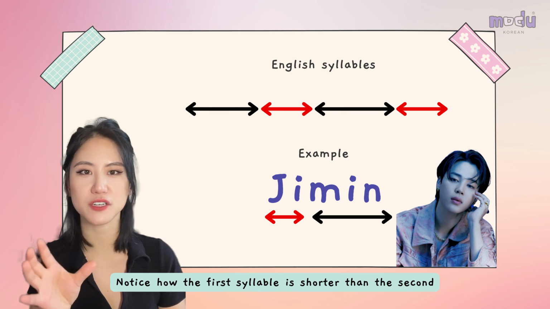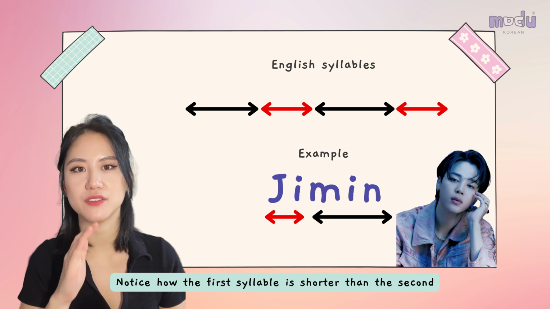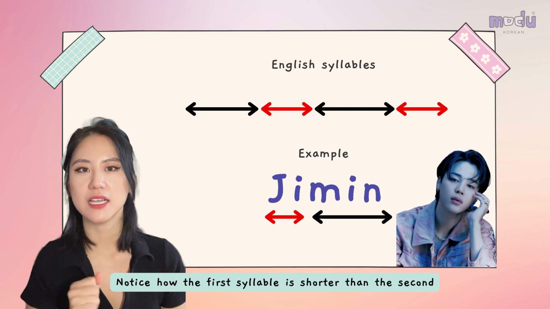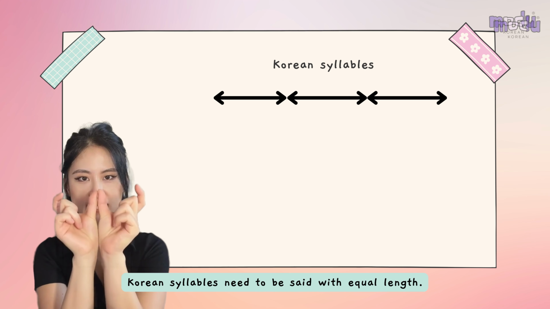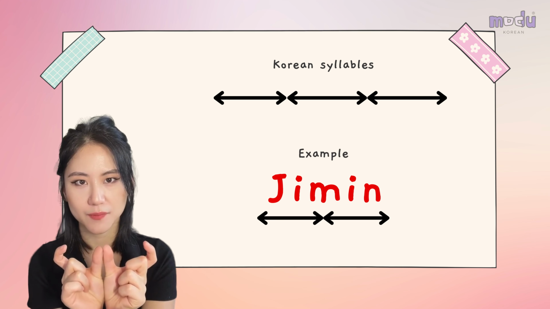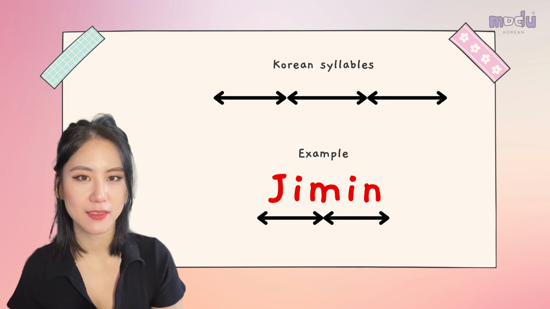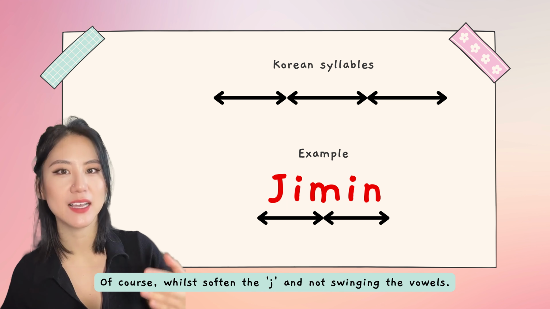It's almost over as soon as we say it. J. We go J. Instead of G. Jimin. Right? So what we want to do in Korean is making sure that every syllable is of equal length. So we're going 지, 민. Remember to soften your J. 지, 민.